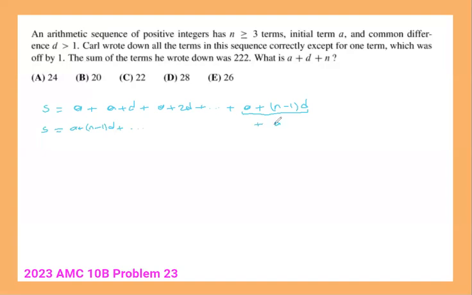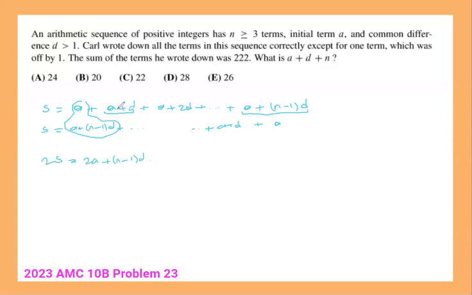So the first term will be the last term, and this guy will be second from the last one, a plus d, and you will continue with the other terms as well. But I'm not going to do that for now. If you add these, you will get 2S. This is my first term, and this is the first term when you swap the order. So a plus this will give me 2a plus n minus 1 d.